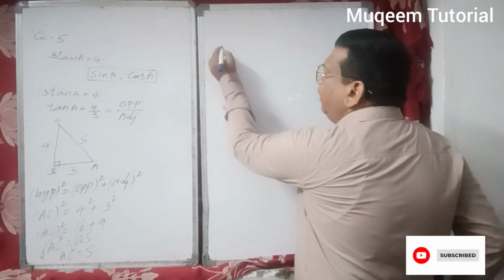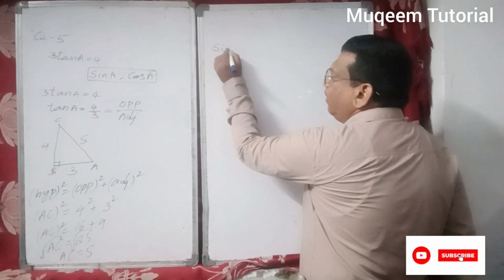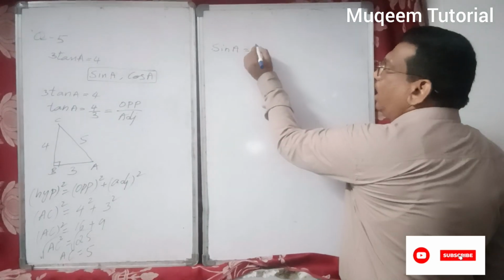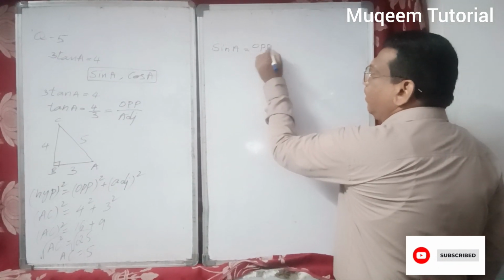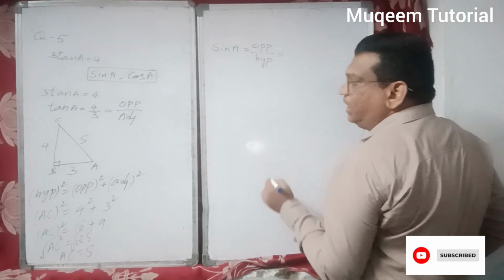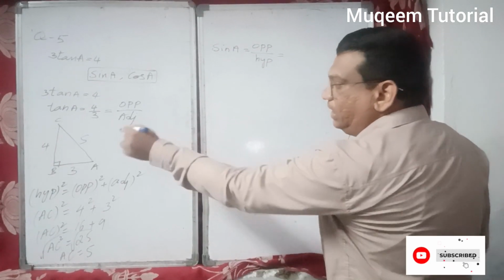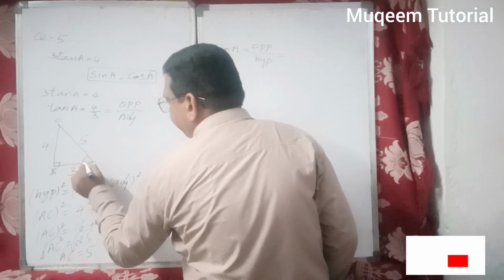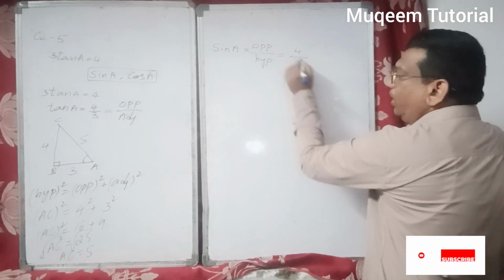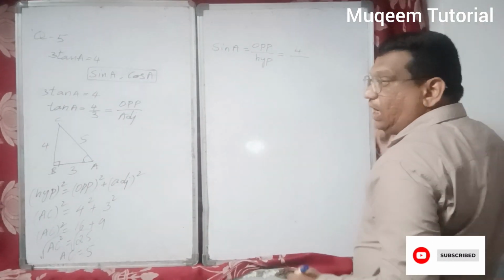It is given sin A. Sin A means opposite by hypotenuse. Opposite of angle A is 4 and hypotenuse is 5.